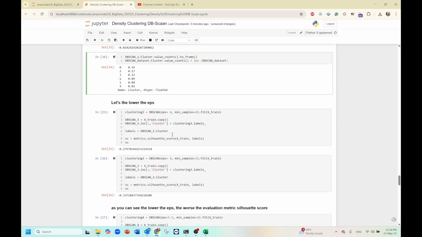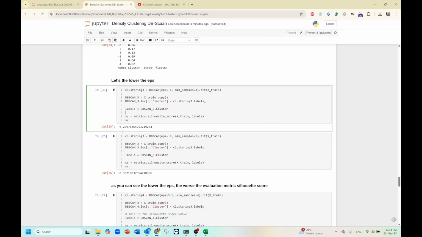Okay, let's lower the epsilon. What happens if you lower the epsilon? Look what happens. You get a little bit farther and farther away from the 0, toward the worse, closer to -1, and here worse and worse because it's closer and closer to -1.